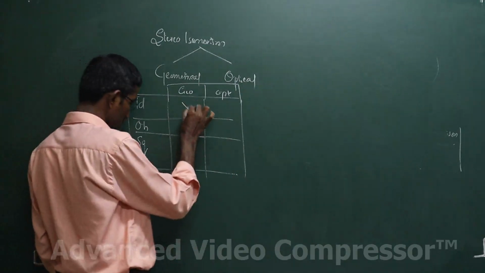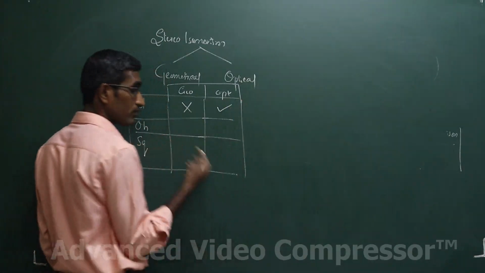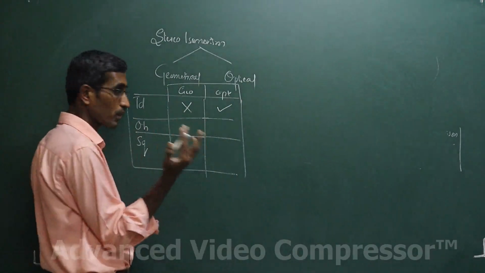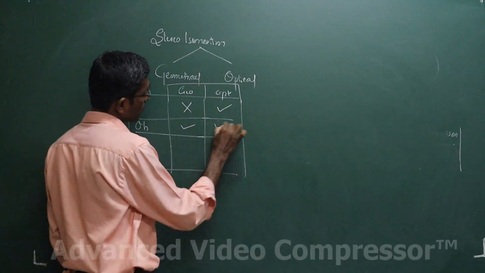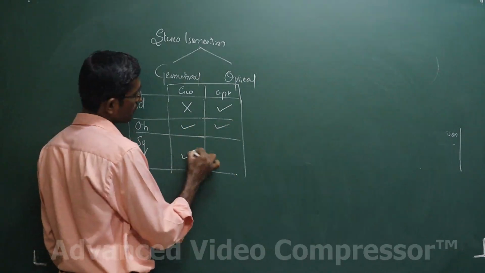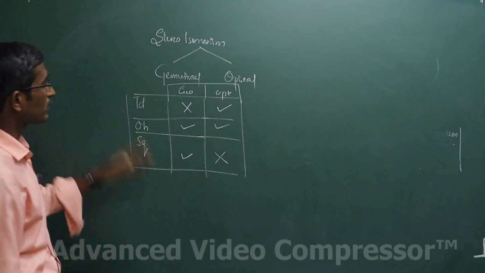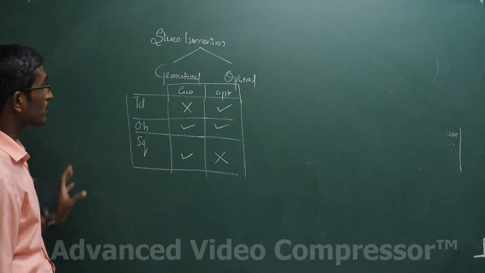Tetrahedral complex: no geometrical isomers possible, but optical isomers may be possible. Octahedral complex: both geometrical as well as optical are possible. Square planar complex: geometrical isomerism is possible, whereas optical isomerism is not possible. Keep this table in mind, students, it could be required.